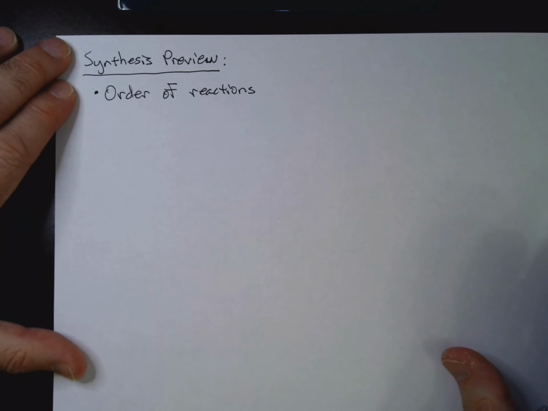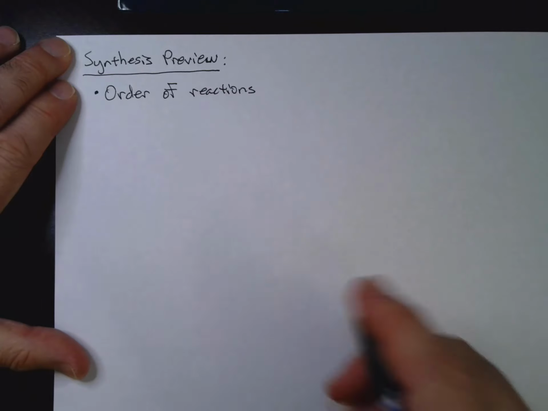You can't always, let's say, brominate first and then acetylate. You'll end up getting a different product.